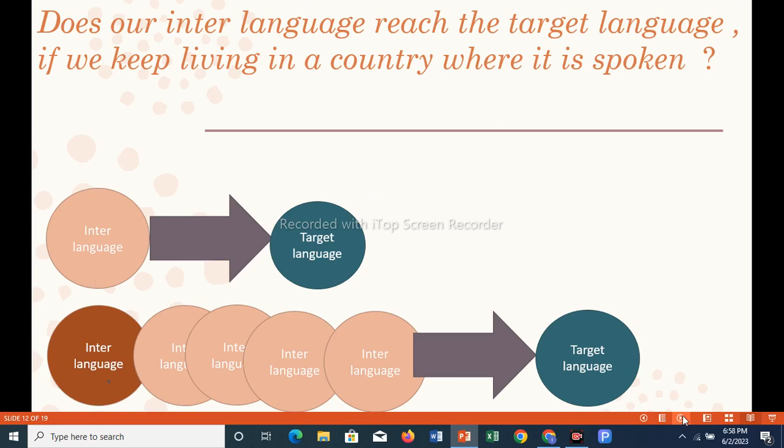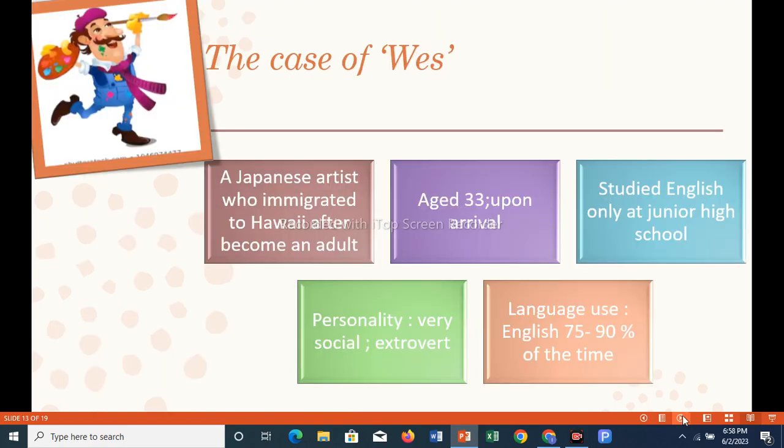So the question arises: can interlanguage achieve the status of a target language? This can be discussed through the case of Wes, who was a student studying English at junior high school in his country, and at the age of 33 he migrated to Hawaii, after becoming an adult.